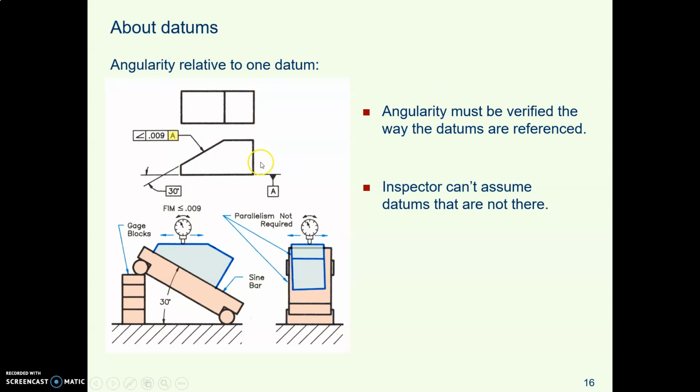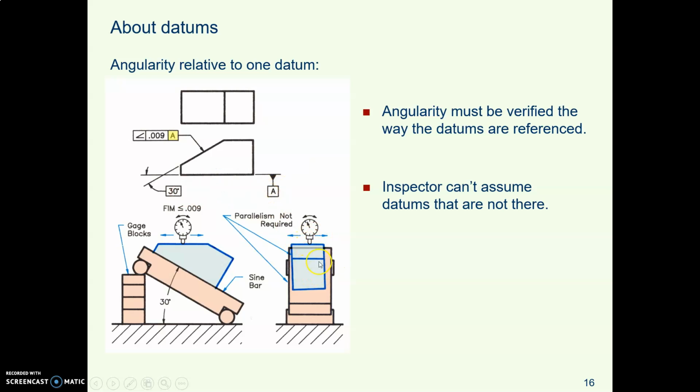Here is a part that's very much like the part you will be dimensioning in your drawing today, and it has one datum called out, datum surface A. That means that your inspector can only use surface A as a datum simulator. They are not allowed to rest any other edge or surface against any other datum simulator. They can only set the thing on surface A.